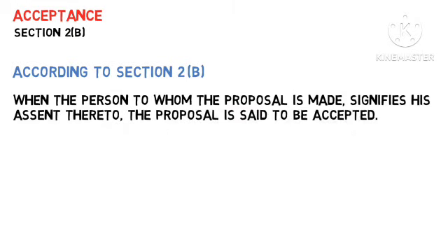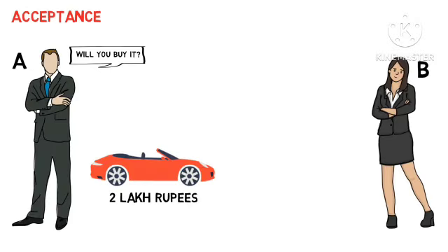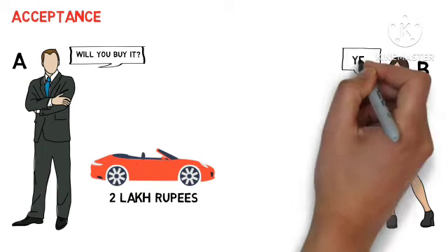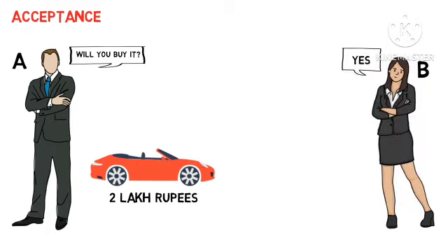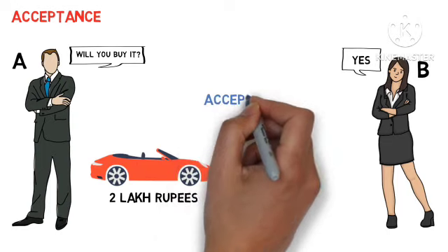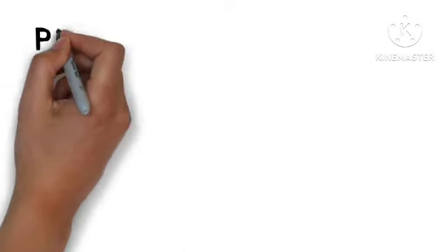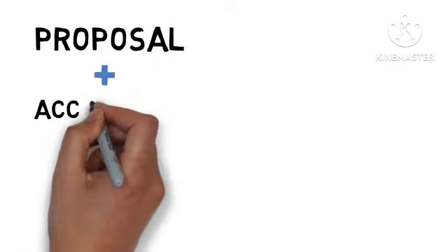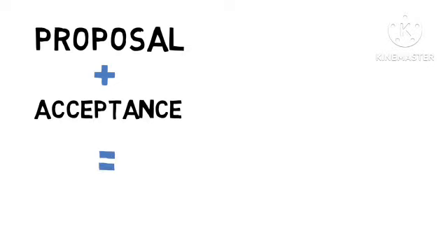In the example that we took to understand the offer, B is the person to whom the offer or proposal is made. If B shows his assent or willingness to purchase the car for 2 lakh rupees, this will be deemed as acceptance. When these two things, proposal and acceptance, come together, it becomes a promise.